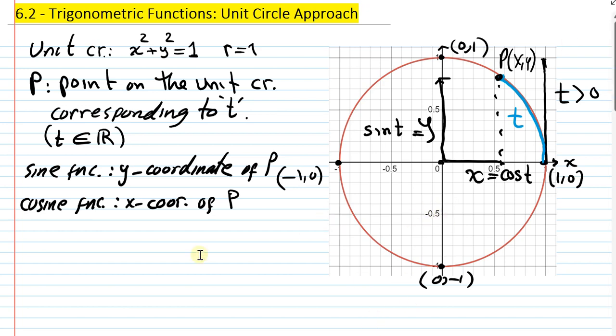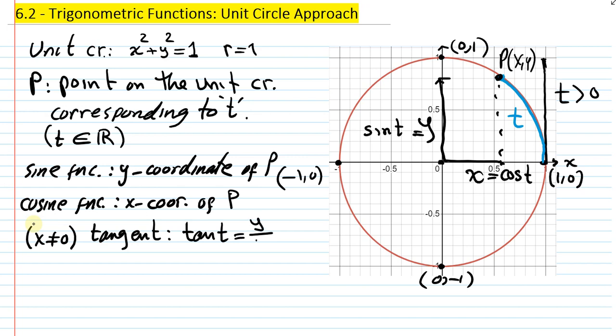Now, what do we want to define next? Well, if x isn't 0, if we don't let x be 0, then we can define a third trig function, tangent. The tangent function, tan of t, is the ratio of y to x. Now let me write these.